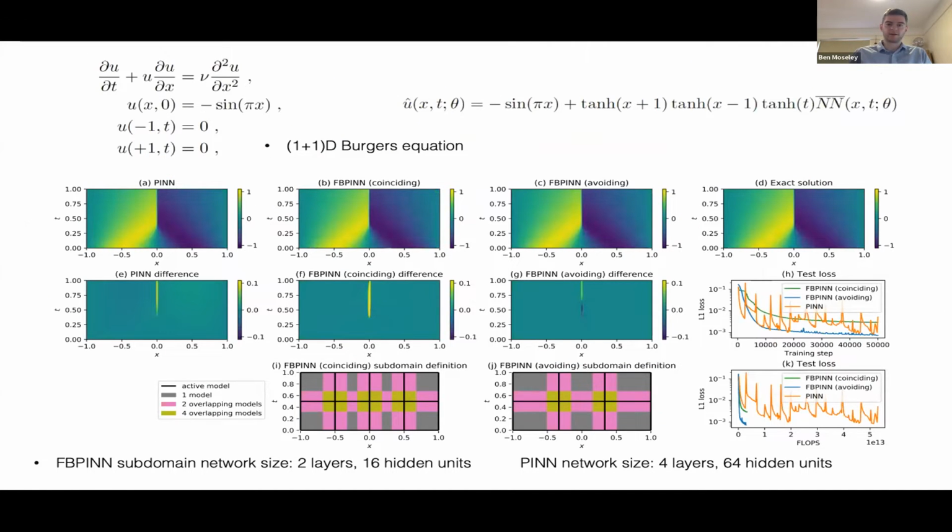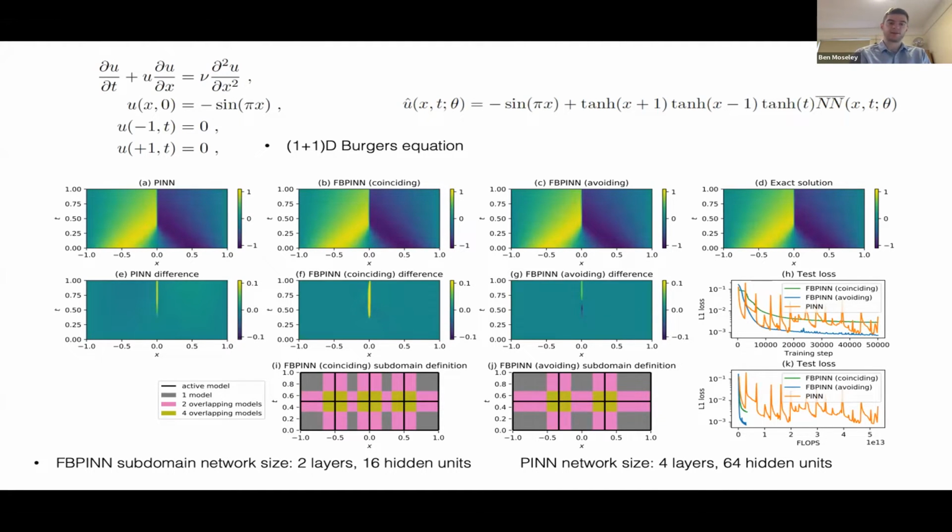We also tested it on one of the standard PINN problems, which is the Burgers' equation with this shock. And I was particularly interested in when I added a domain interface, or a subdomain interface, along the location of the shock itself, to see if that would really mess up the solution of the FBPINN. So I tested two different subdomain decompositions. The one in the second column is where the subdomain definition goes on the shock, and the one in the third column is where I try to avoid it.